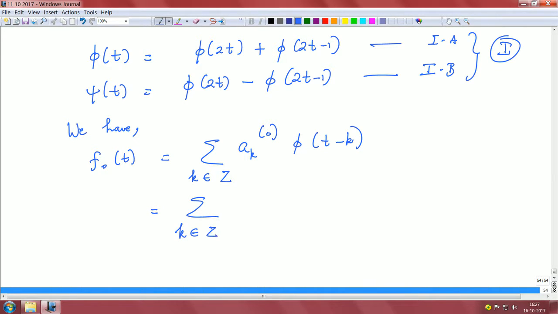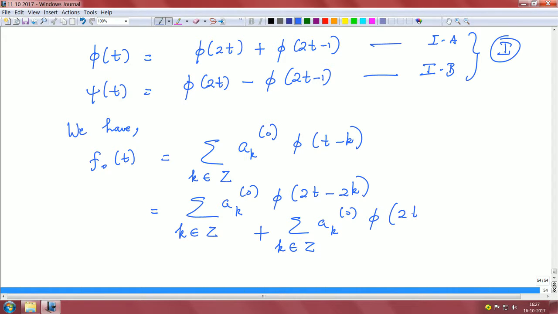This is summation k belonging to Z, a k 0 phi of 2t minus 2k plus summation k belonging to Z, a k 0 phi of 2t minus 2k minus 1.